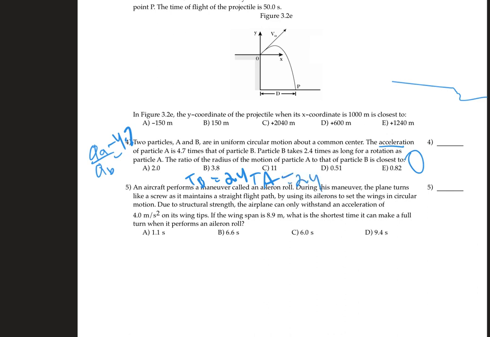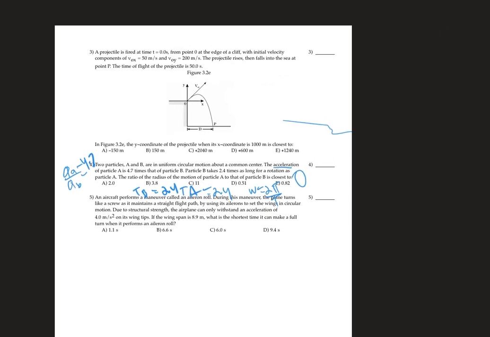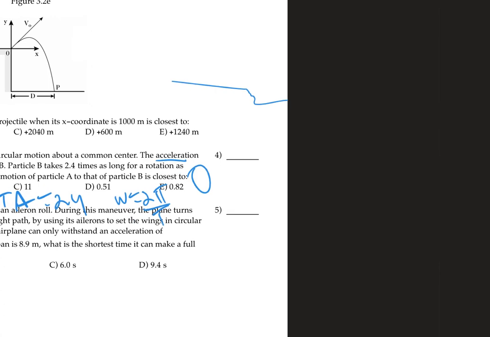And then we're looking for the ratio of the radius. So we work with 2 pi over T, which is equal to 2 pi over TA in our case.